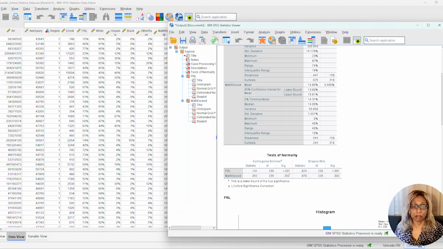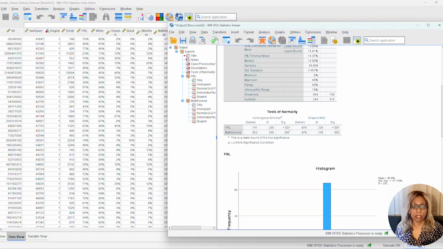The distribution p-values are less than 0.001 for the free lunch and 0.002 for math exceeds. The distributions of both the free and reduced lunch percentages and the percentage of students scoring at the exceed level in math significantly deviate from normality. However, what's saving us is the population size. So that helps us to go ahead and continue.